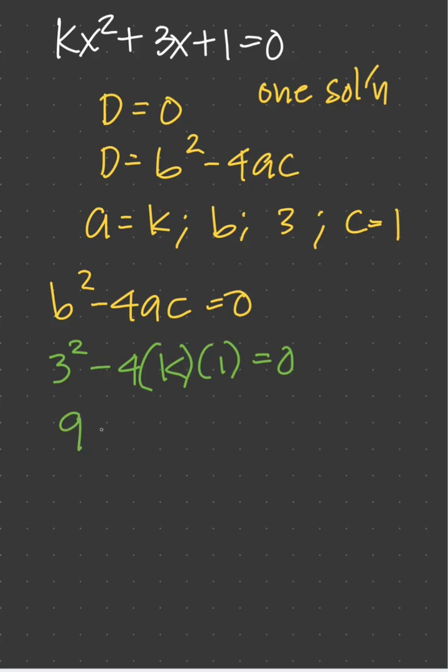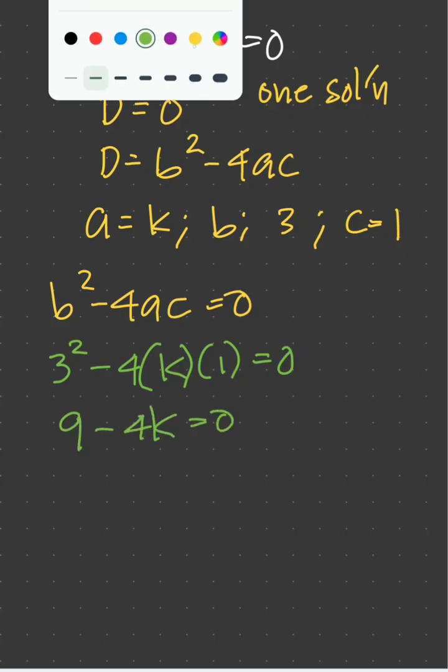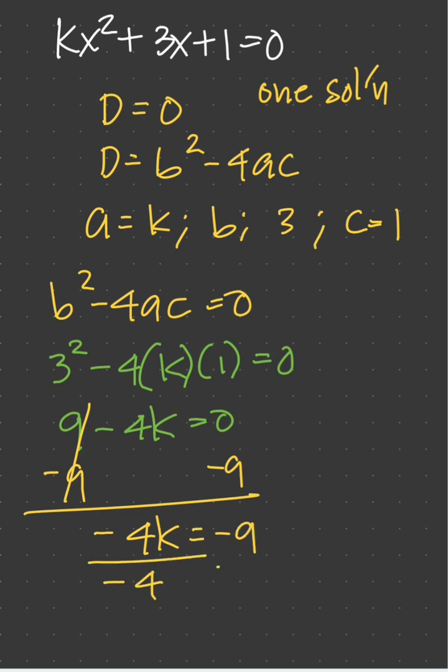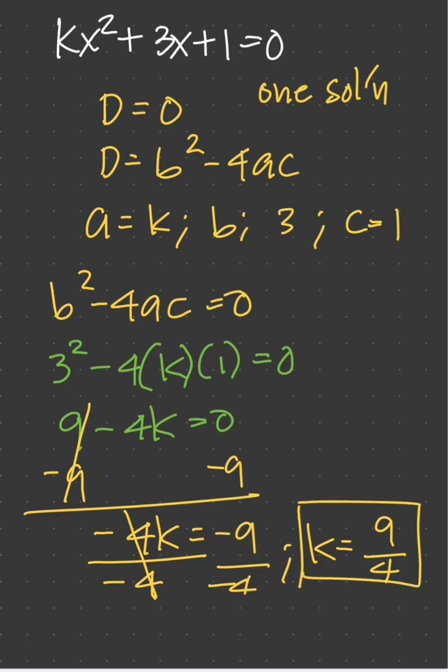So this is 9 minus 4k equals 0. Then we subtract 9 from both sides. So we have negative 4k equals negative 9. Then we divide both sides by negative 4. Therefore, k is equal to 9 over 4. So that's how to solve it.